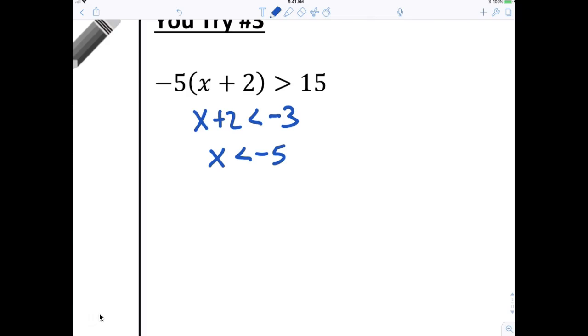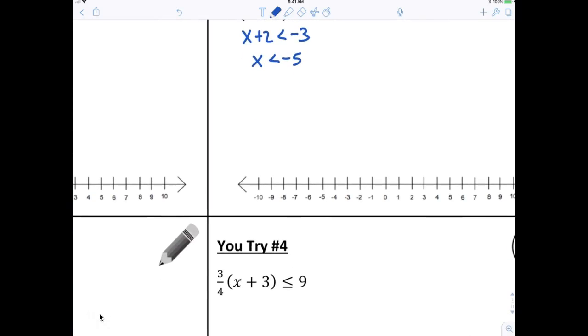So find negative 5, open circle, and now I'm going less than. So now my interval notation is negative infinity, parentheses. Thank you very much. Perfect. Everybody agree?